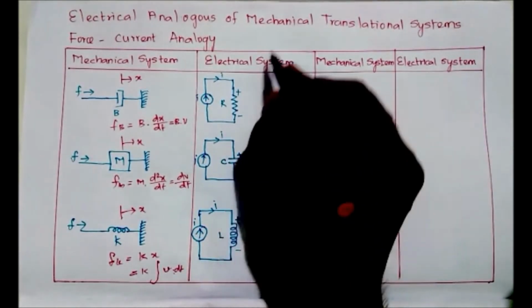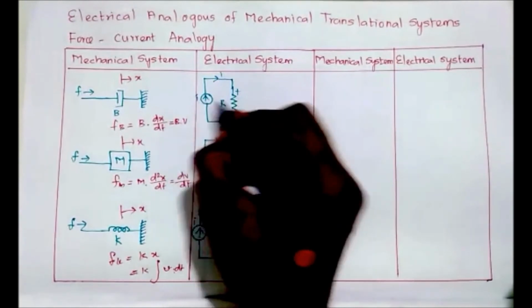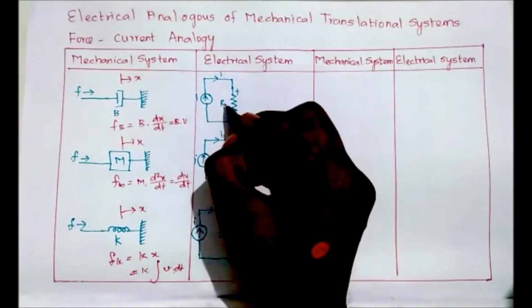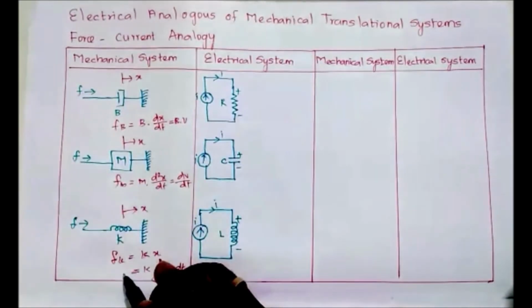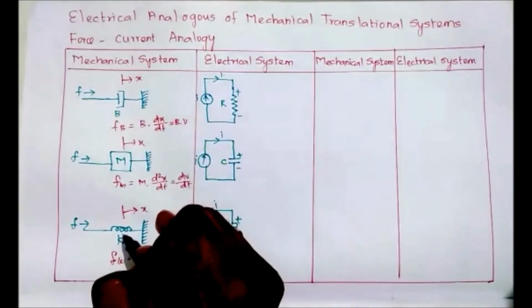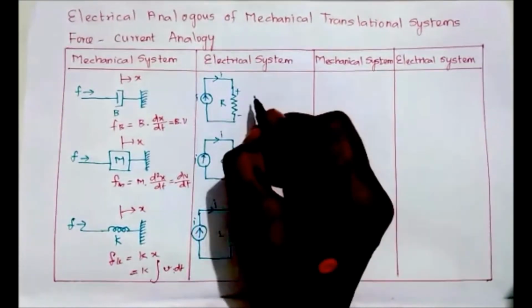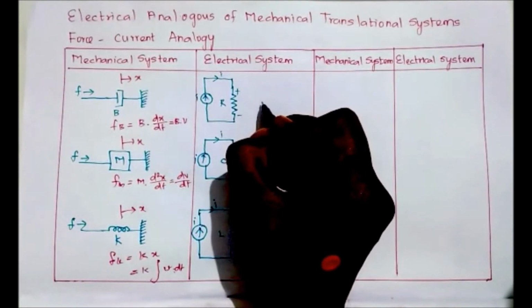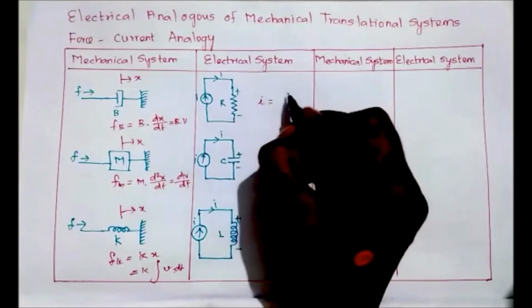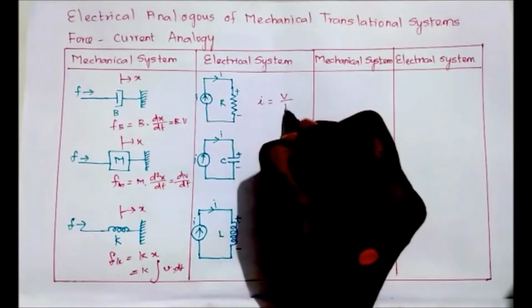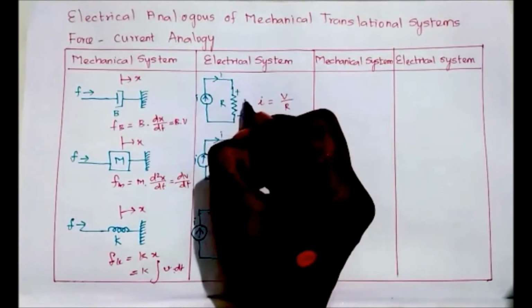Next, for the electrical system, this is current, this is resistance, but here it is force current. So we have written the force equation for all mechanical elements. Similarly, we have to write the current equation for these elements. According to Ohm's law, I equals V divided by R, where V is the voltage across this element.